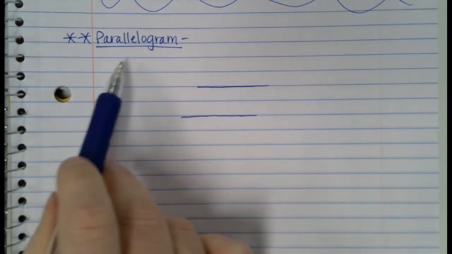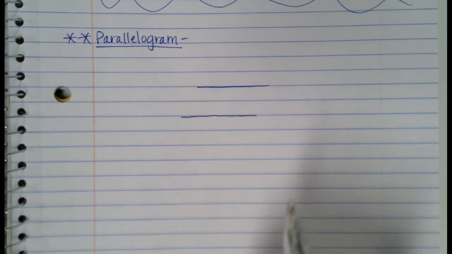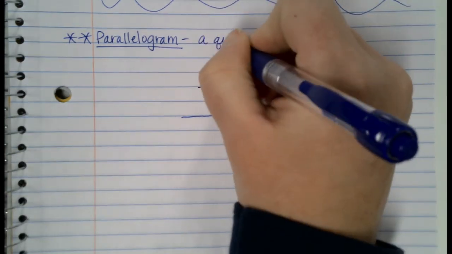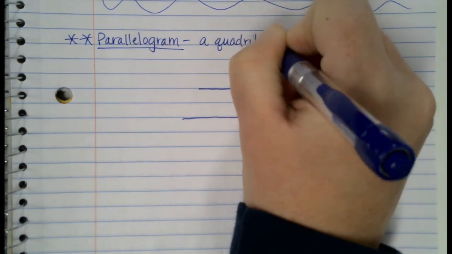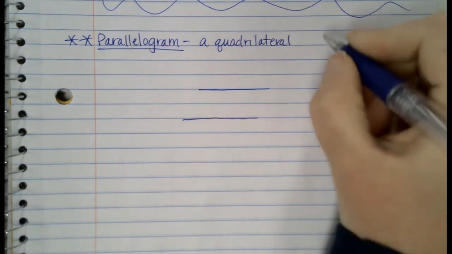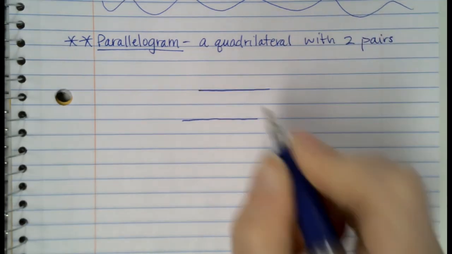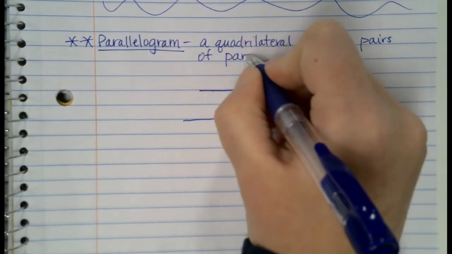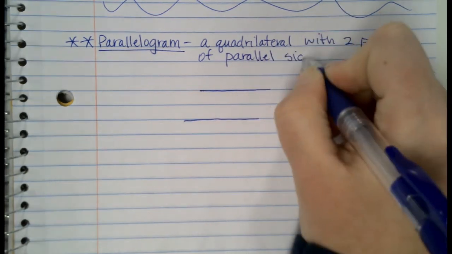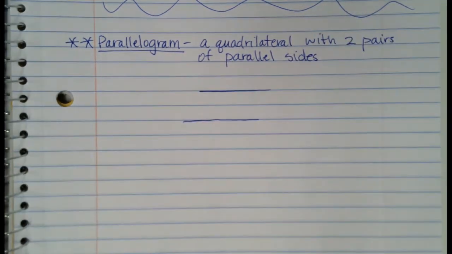So a parallelogram, this is a quadrilateral with two pairs of parallel sides. That should be an easy one for us to remember.